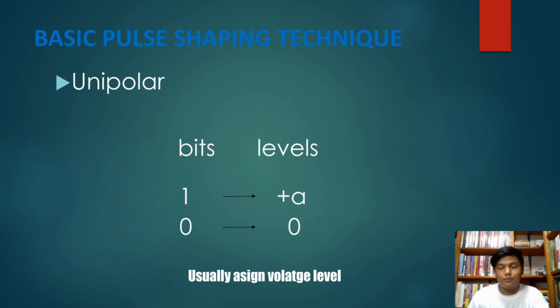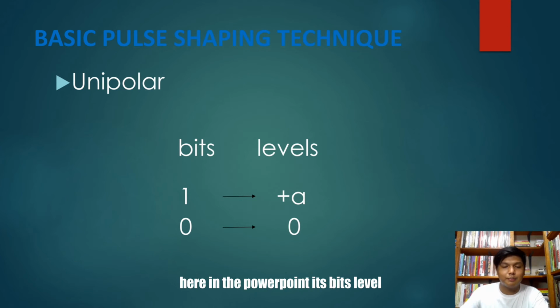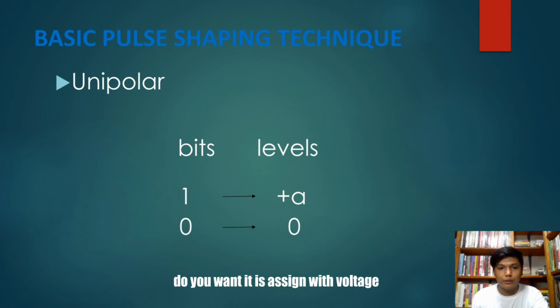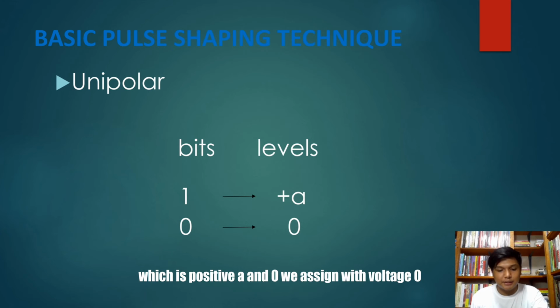Usually, we assign voltage levels with respect to bits. Here in the PowerPoint, there are bits and levels. When we have bits 1 and 0, 1 is assigned a voltage of positive A, and 0 is assigned a voltage of 0.